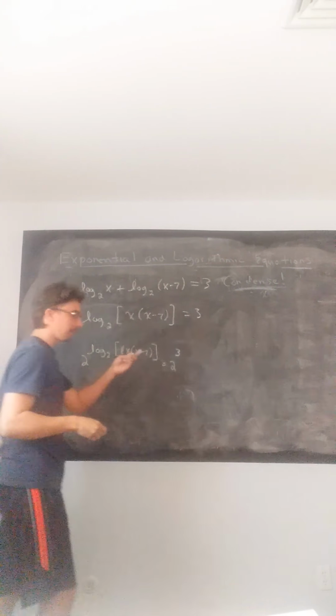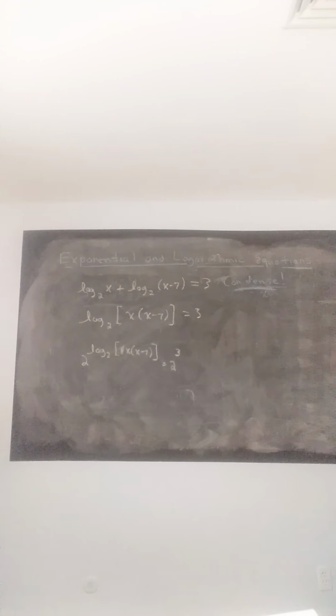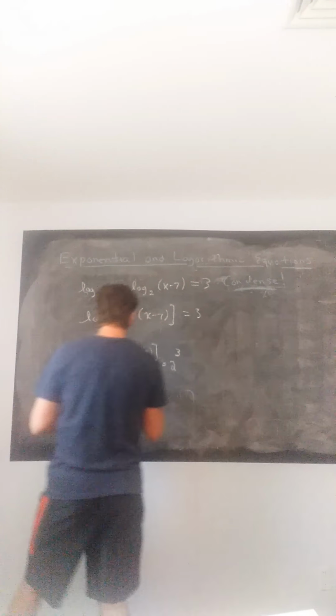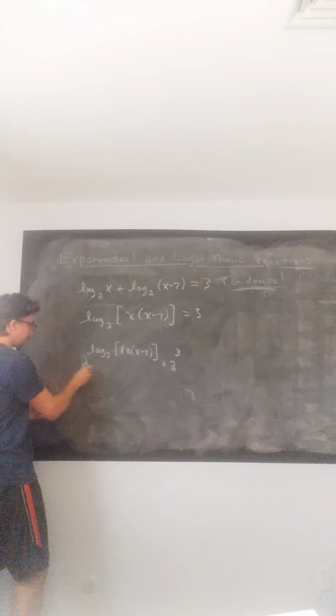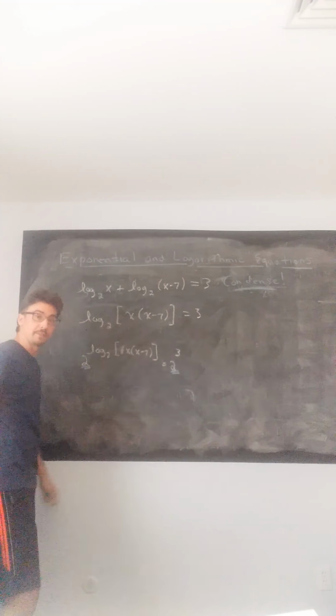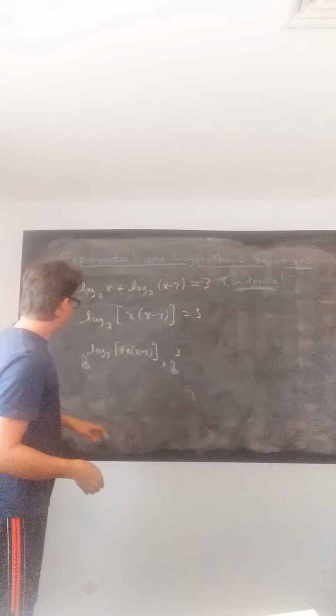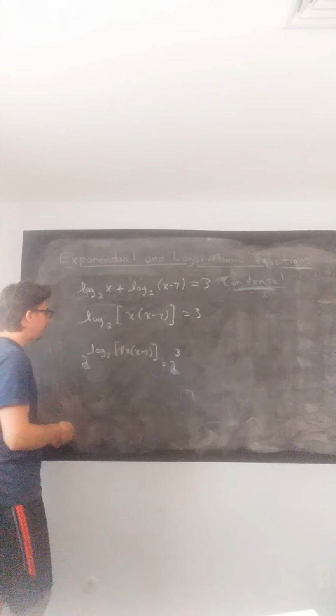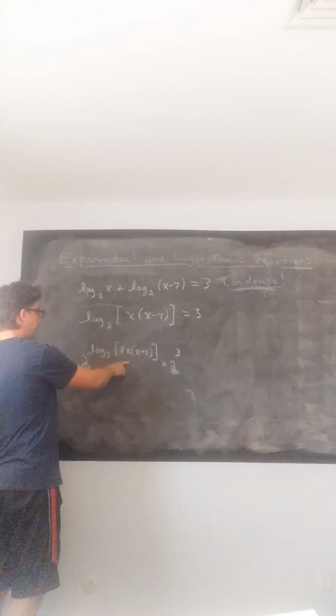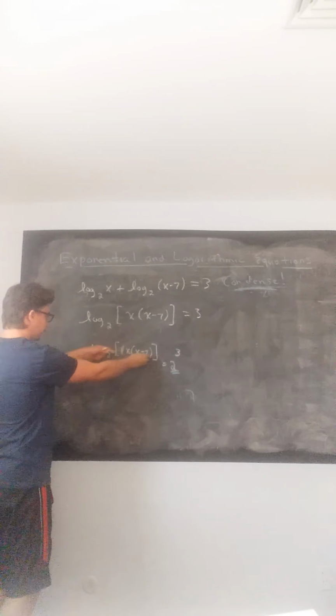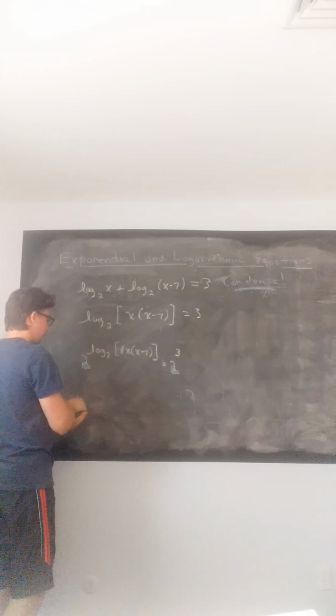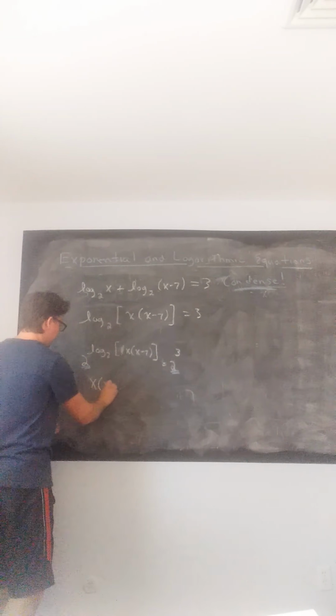Okay, so let's just take a look, make sure you understand that. Again, the whole idea is they get the same bases here, right? That's the whole idea. And now we're kind of in good shape, because now what we're going to do is drop this down. So you're going to have x times x minus 7 equals 2 to the third, which is 8.